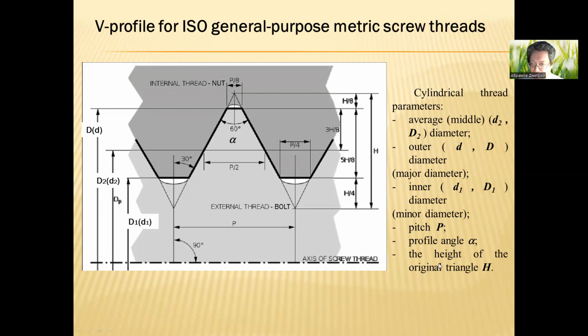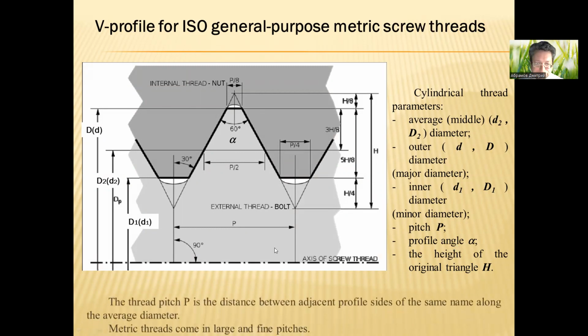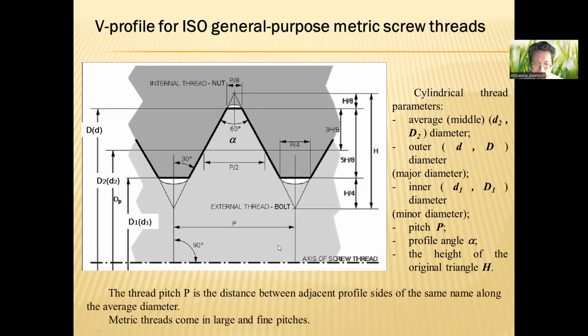And H is the height of the original triangle. The thread pitch P is the distance between adjacent profile sides of the same name along the average diameter.